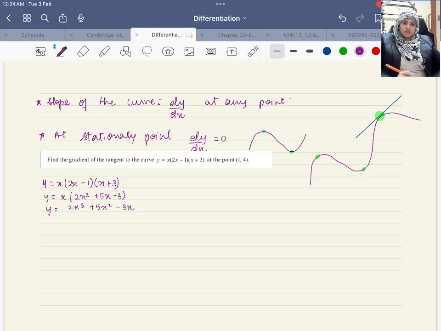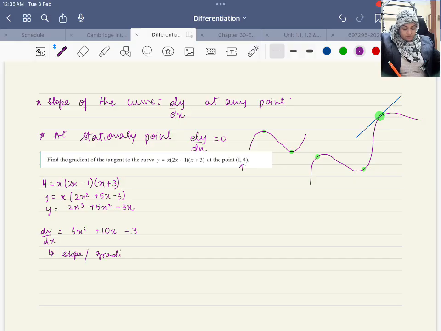Now I differentiate every term separately. This becomes dy by dx is equal to 6x square plus 10x minus 3. This is the differential. Now we have to find out the slope. This differential is the slope or the gradient.